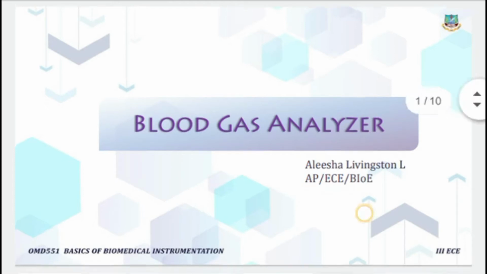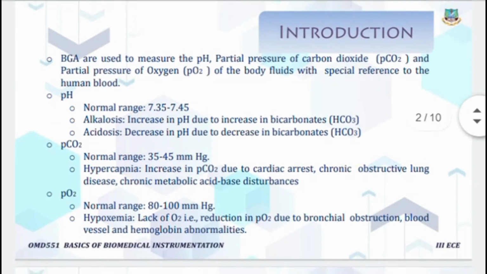This blood gas analyzer is used to measure the pH, that is the potential of hydrogen, then the partial pressure of carbon dioxide and the partial pressure of oxygen of the body fluids, with special reference to human blood.